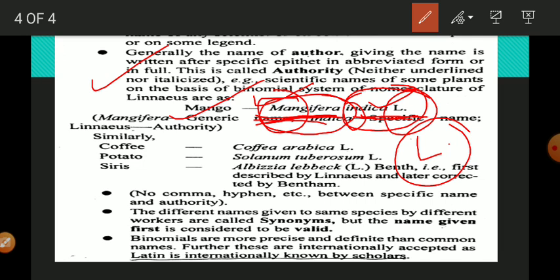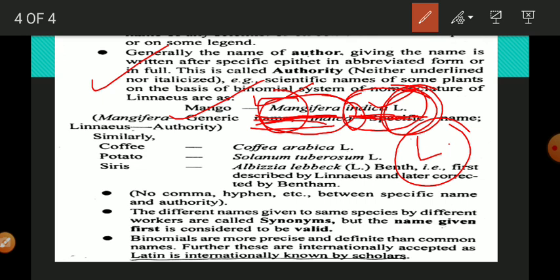The name of the author who gave the scientific name is written after the specific epithet, in abbreviated or full form. So after the scientific name, the author name is written just to the right side of the species name.